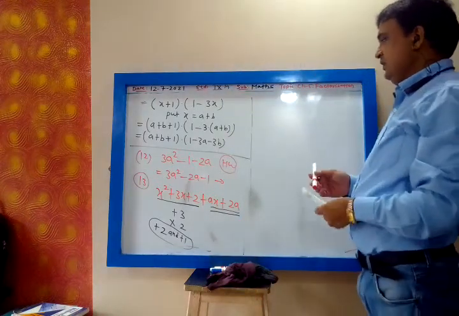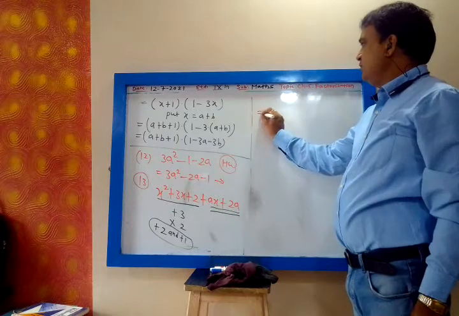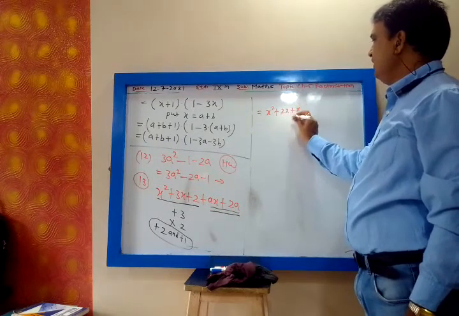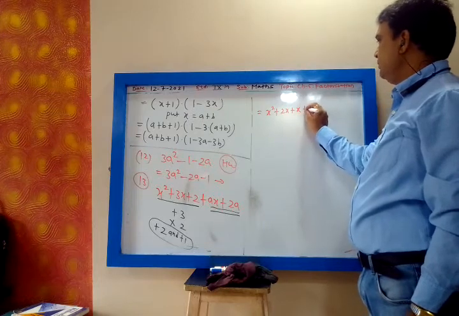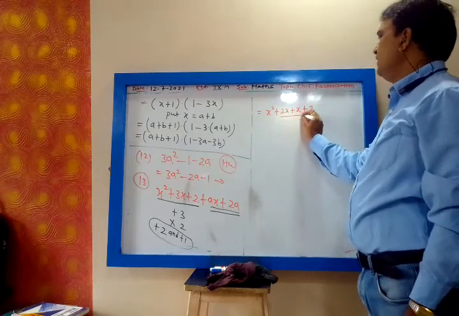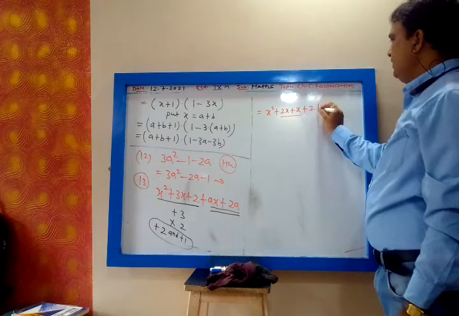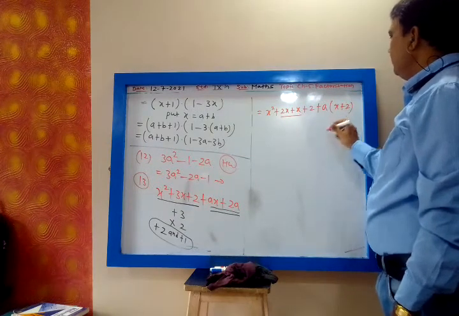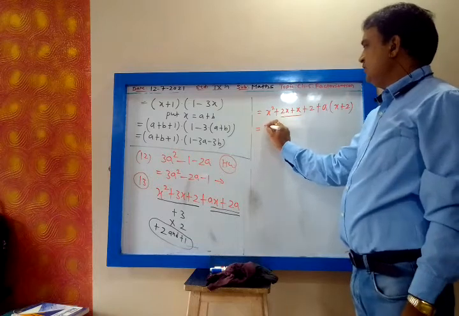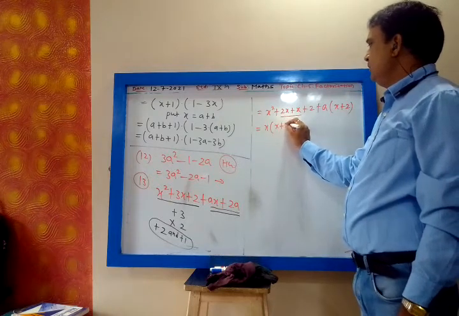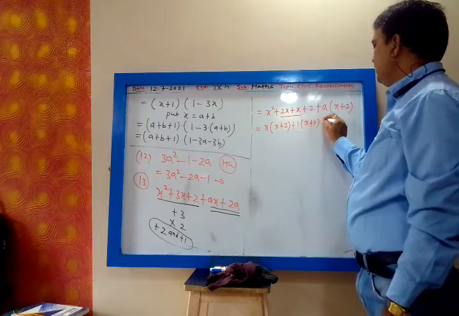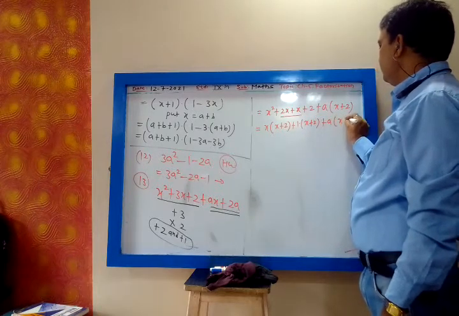So that I will write x square plus 2x plus x plus 2. 3x I have written as 2x plus x, plus a is common, then it is x plus 2. Now I can write x common, x into x plus 2 plus 1 into x plus 2 plus a into x plus 2.